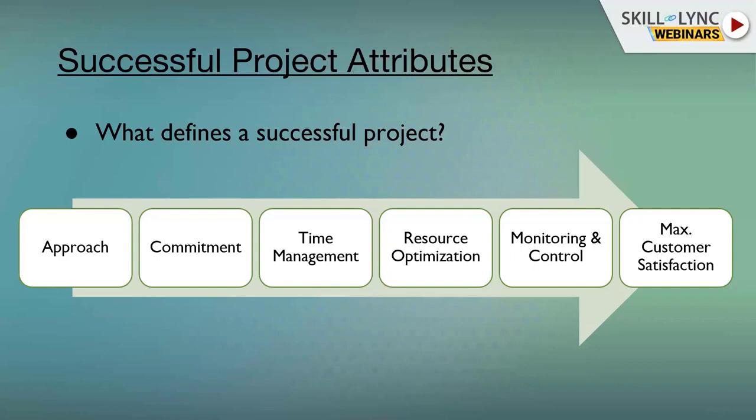Next is monitoring and control. Monitoring and control is very much important. How is it important? Because we need to see that the result which we are opting for, or which we are actually aspiring for, is achieved or not. We need to understand that the result which we are aspiring to is achieved in a proper manner.